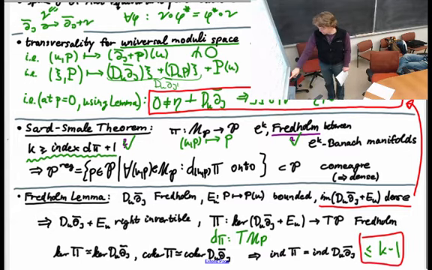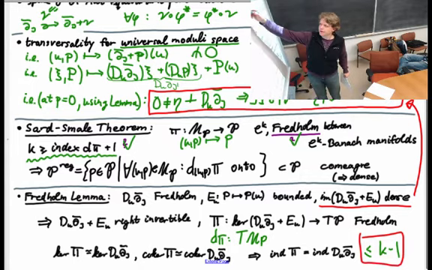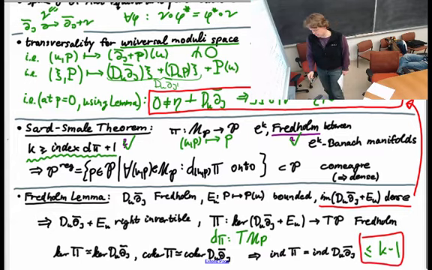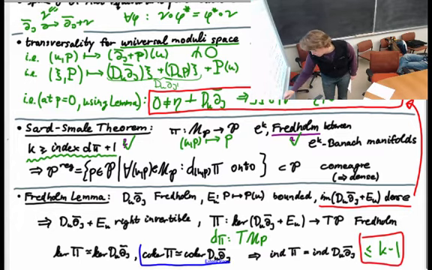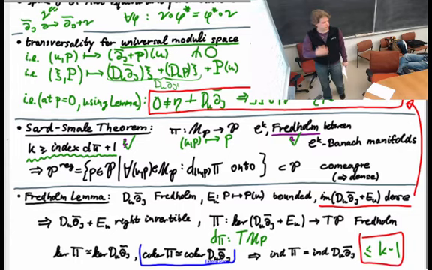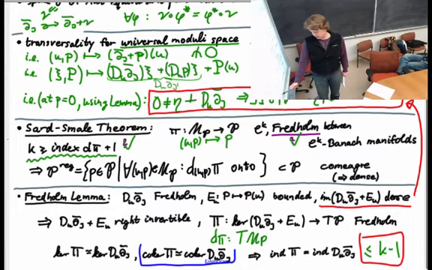And not only are the indices of these two things the same, we can actually identify their kernels and their co-kernels. And what we're interested in is the identification of the co-kernels, that is, the quotient of the target space by the image. So in particular, capital Pi is surjective if and only if the linearized D-bar operator is surjective.